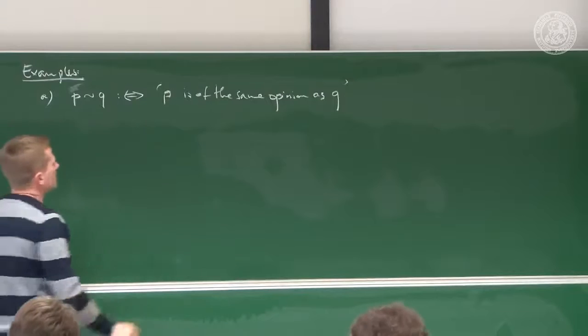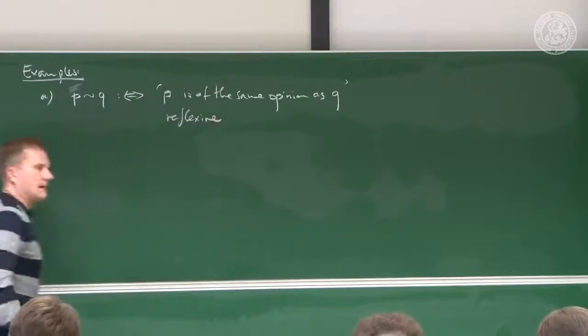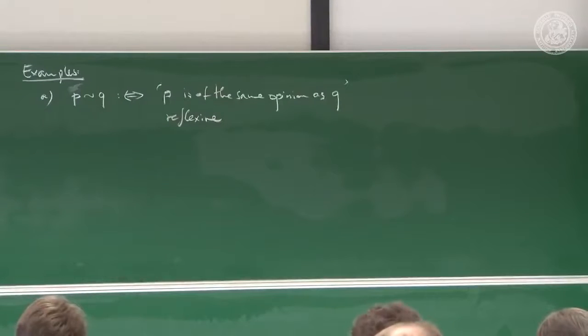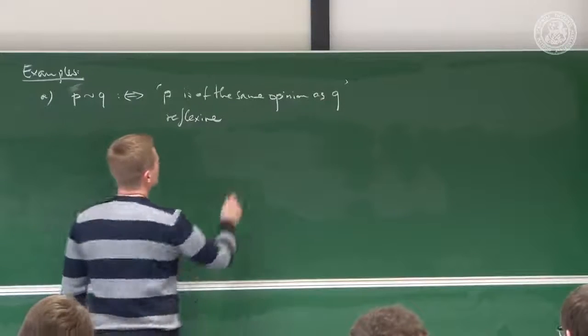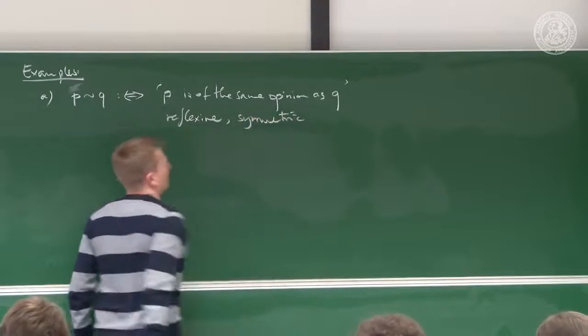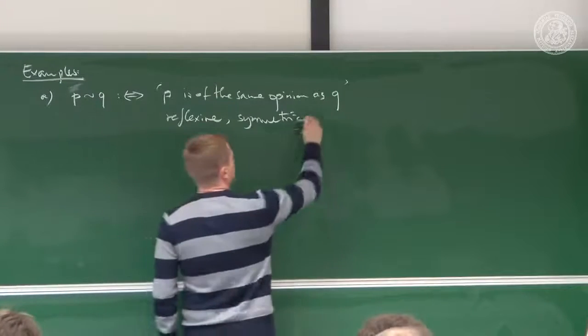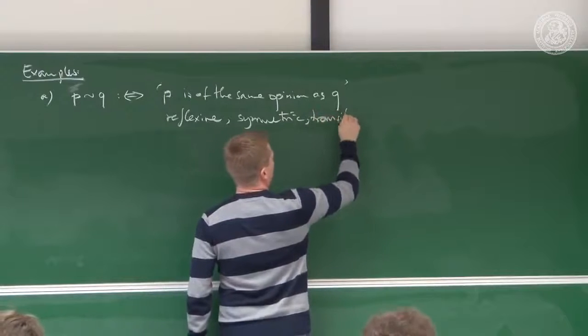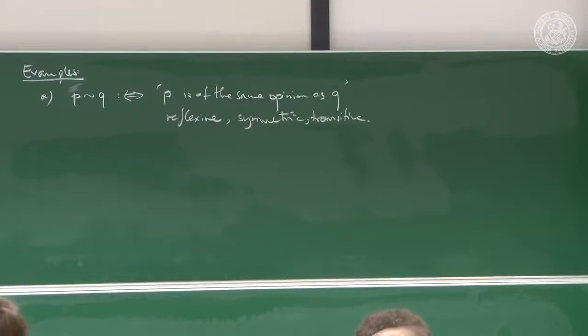Then it's clear this is reflexive. I mean, let's say they are mentally sound human beings, okay, you have your own opinion. It's reflexive. It's also symmetric. If I agree with someone, then that person agrees with me. And it's also transitive. So if you wish, this is the basis for democracy. Okay.